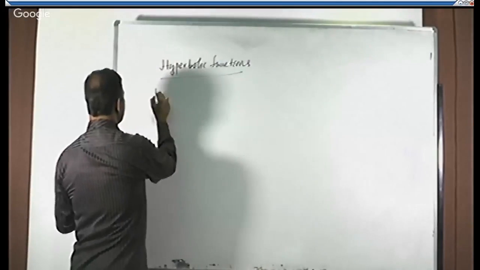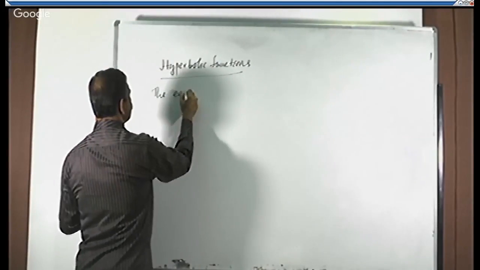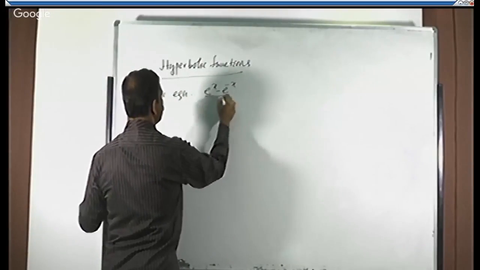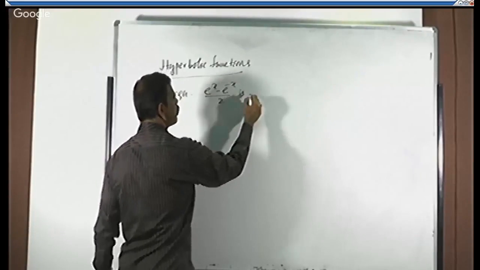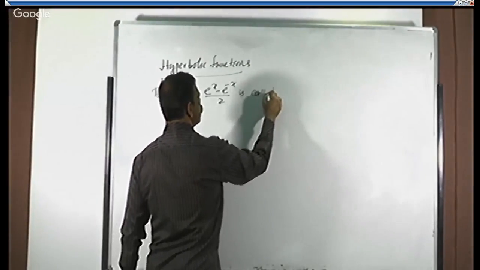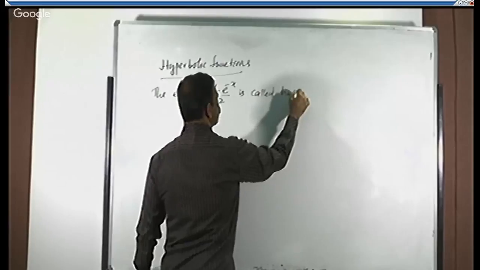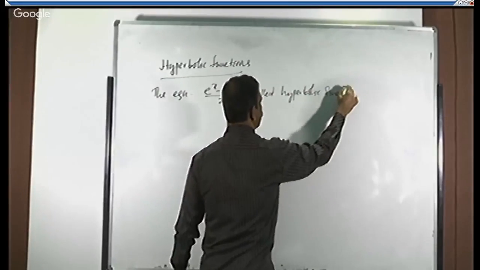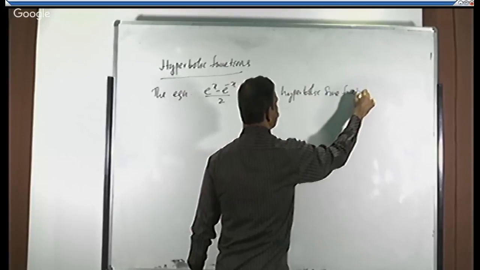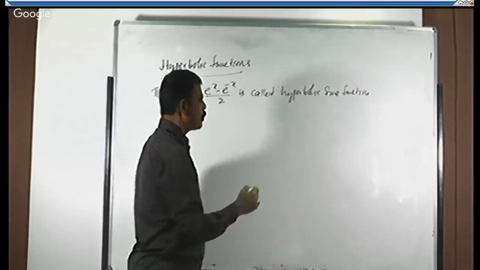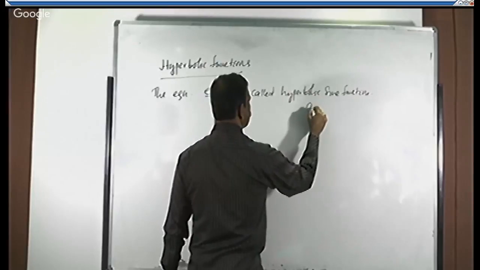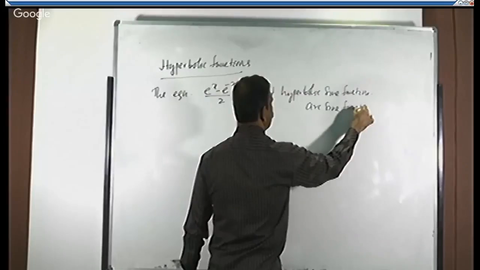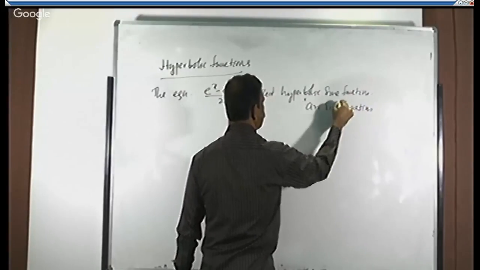The expression e power x minus e power minus x divided by 2 is called the hyperbolic sine function, or it is also called the arc sine function.